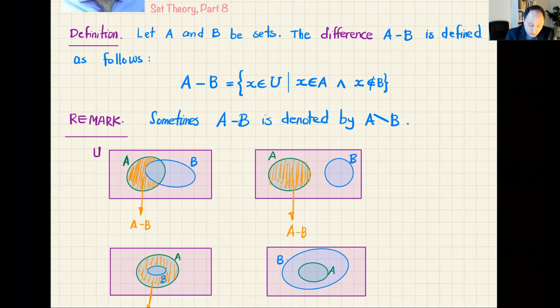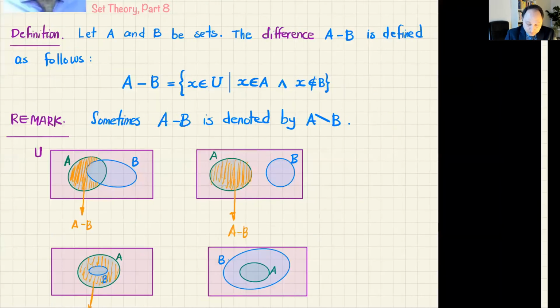So here, this part is A minus B. Now I want to determine A minus B. It means that I want to color all those parts which are in A, but they are not in this orange part. So you see, it becomes this part. But there is another name for this part, and that is the intersection of these two sets. So you see that the Venn diagram immediately shows the answer to us, okay?